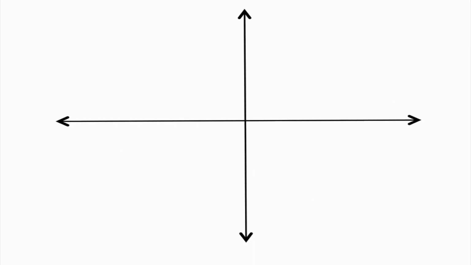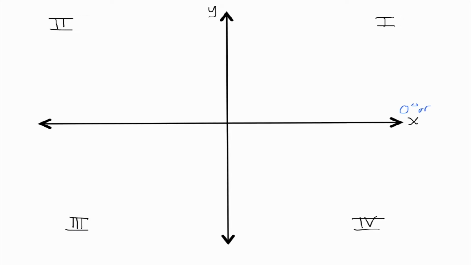Okay, so we're going to create this quadrant again, but this time we're going to just talk about the quadrantals. So once again this is x and this is y, and this is quadrant 1, 2, 3, and 4. We can think of this as 0 degrees, or 360 degrees.